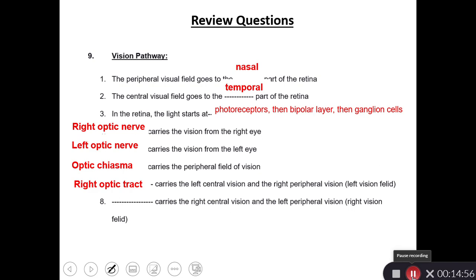How about the structure having the right central vision and the left peripheral vision, meaning your right vision field? So it has the right central vision from the right eye and the peripheral vision from the left eye. It is the left optic tract.